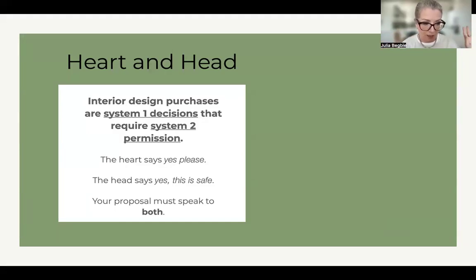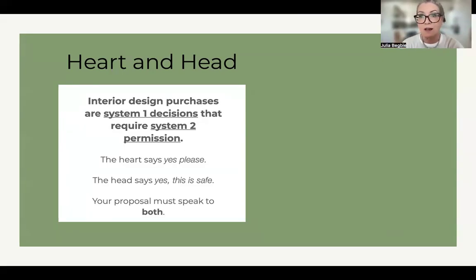Now, I know designers naturally tend more towards the creative or more towards the practical. Some are at quite distant ends of the spectrum, the very creative versus the very practical. Regardless of where you are, you need to make sure that you have covered both ends of that spectrum. Your proposal has to speak to both of those systems.